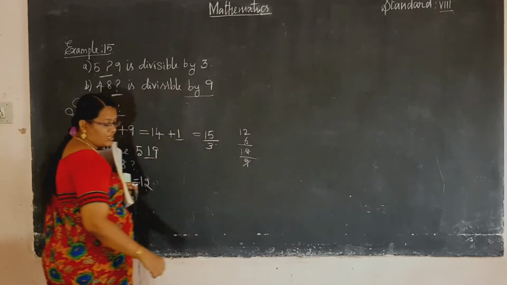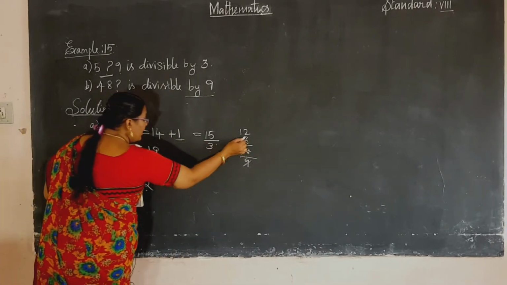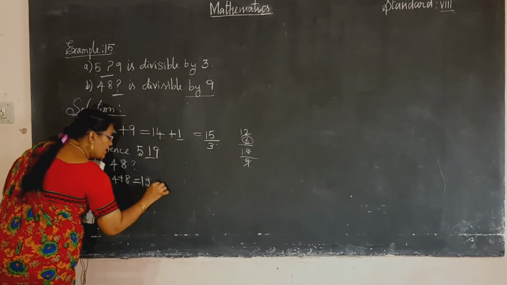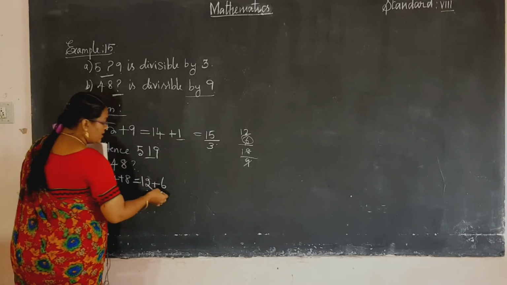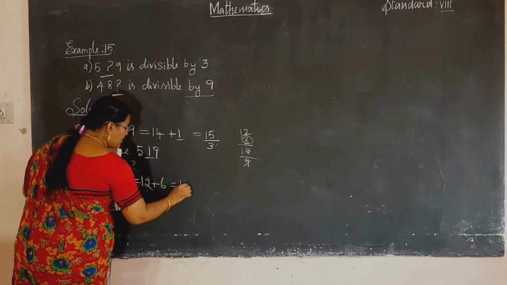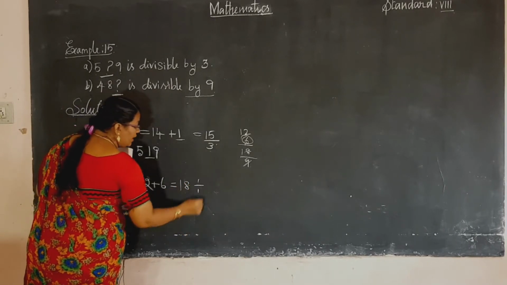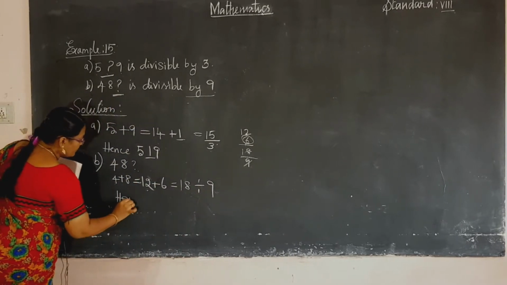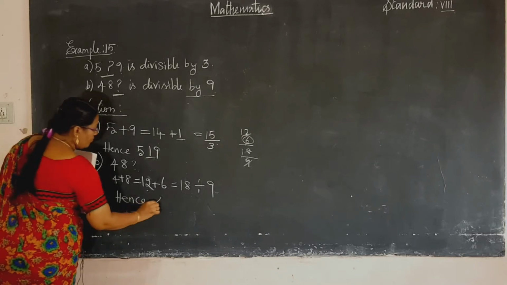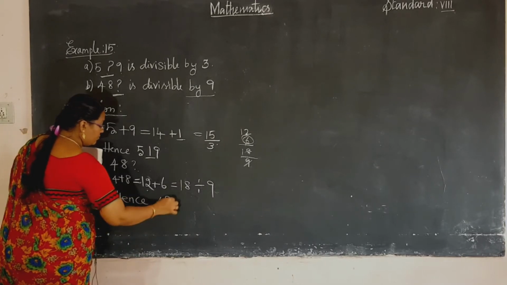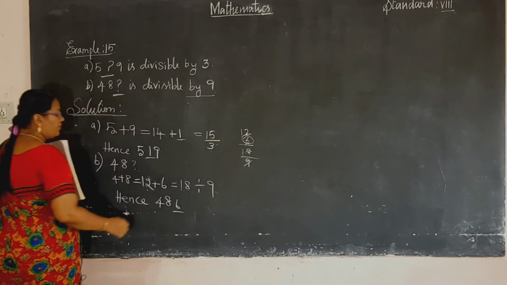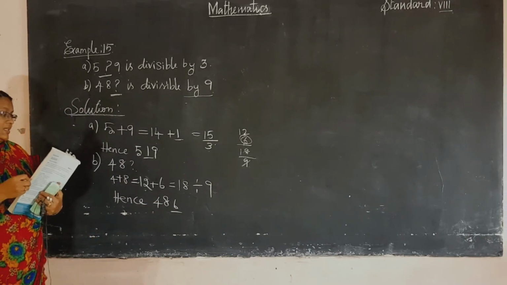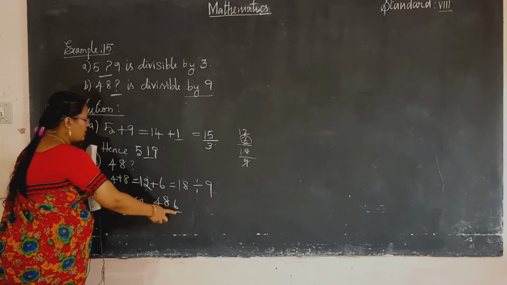So the number we add is 6. Find the least digit: the least digit is 6.